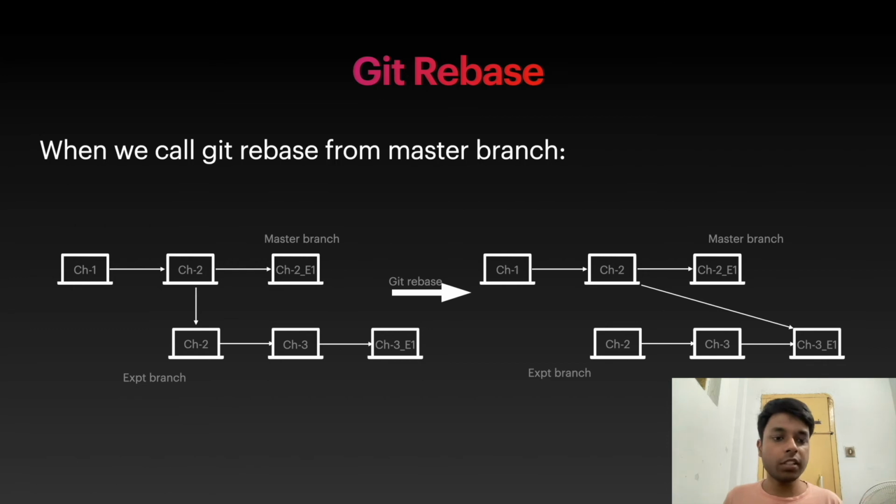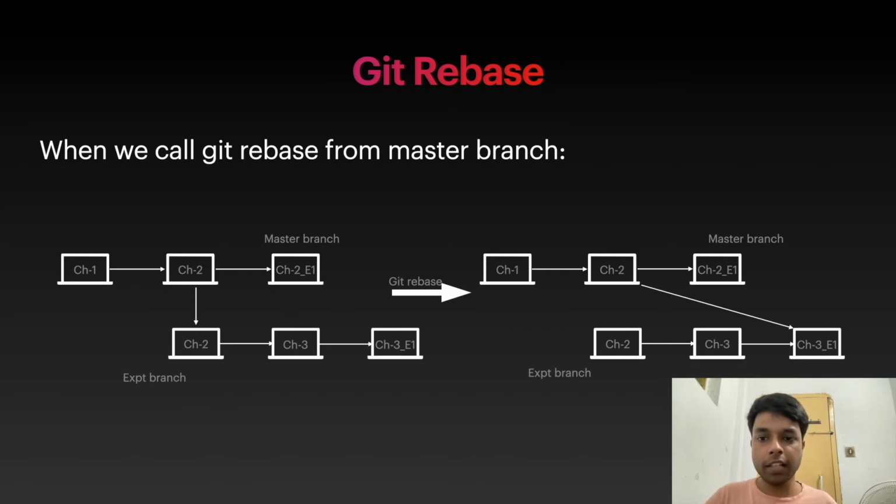So the base changes to the latest commit of the experimental branch, which is chapter 3 edit 1. So now the master branch looks like chapter 1, chapter 2, chapter 3 edit 1 and then chapter 2 edit 1. It looks like that, and the experimental branch remains the same, that is chapter 1, chapter 2, chapter 3 and chapter 3 edit 1.